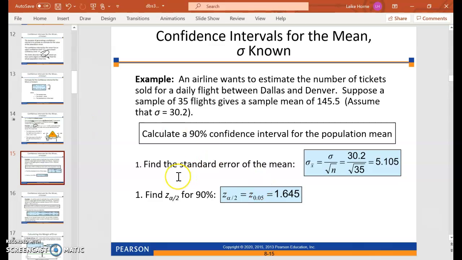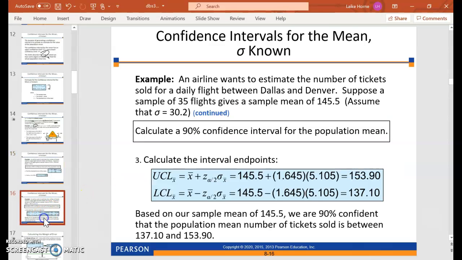Okay, so the first step, we're going to find the standard error of the mean, which you're used to is the standard deviation divided by the square root of n. Okay, so find the z value, and it is 1.645, and we're going to talk about how to find that working backwards.